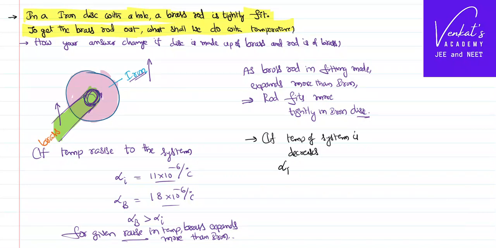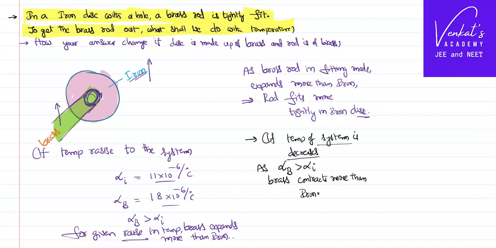As alpha of brass is more than alpha of iron, brass not only expands more when you raise the temperature, when you decrease the temperature, brass contracts more than iron. So alpha is a measure of not only expansion, it's a measure of contraction too.